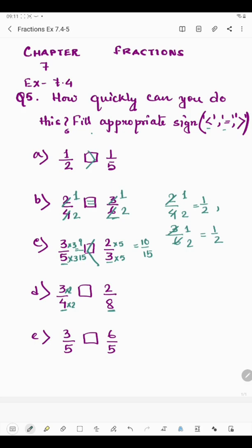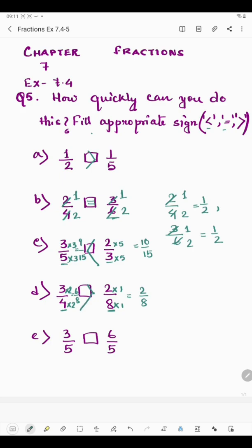And since here we have 8 already present, we will just multiply by 1 to the numerator and denominator. So here we are getting 6 by 8, and here we are getting 2 by 8. So 6 is greater than 2. When the denominator is the same, we just compare the numerator, right? So since 6 is greater than 2, 6 by 8 is greater than 2 by 8.